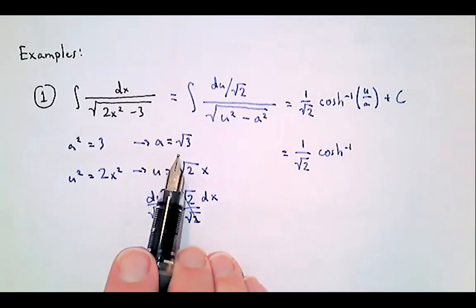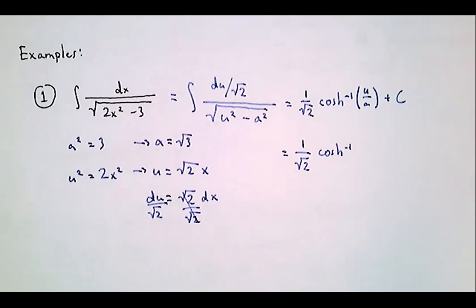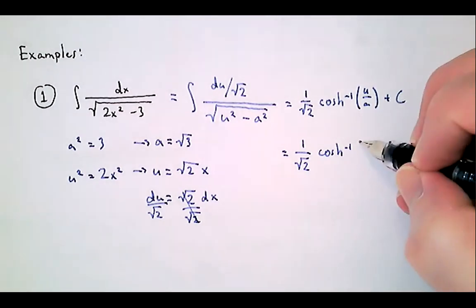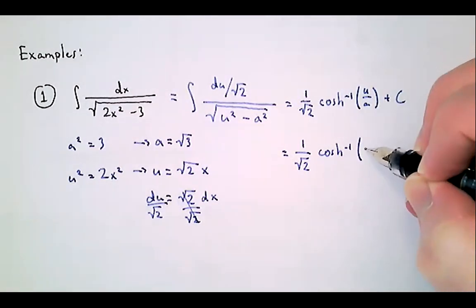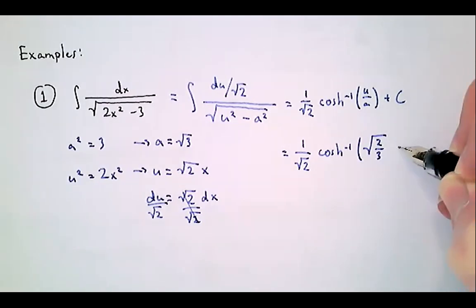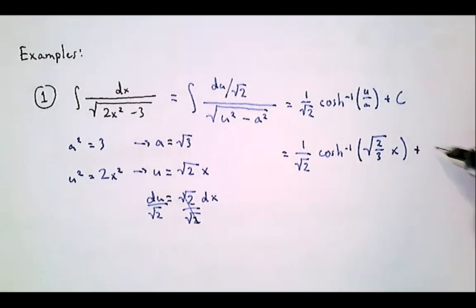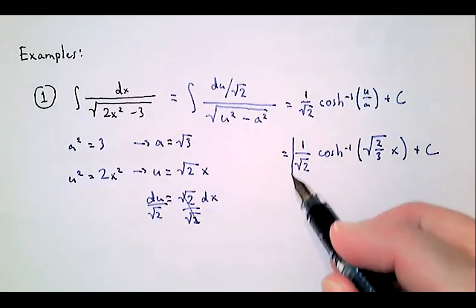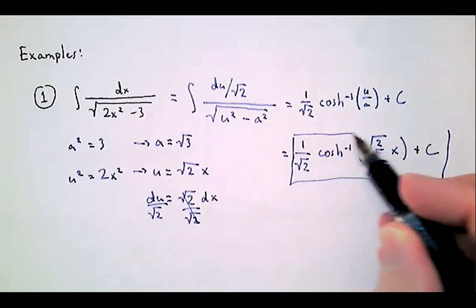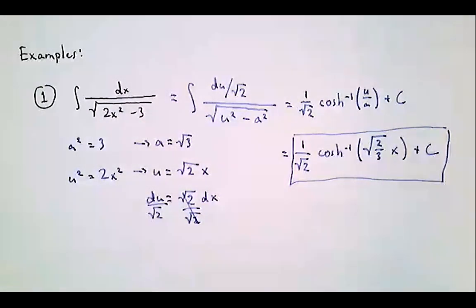So remember, a is the square root of 3, and u is the square root of 2x. So that means overall, we have a square root of 2 over 3 times x inside of our inverse cosh function. Okay. And then always remember for an indefinite integral that you'll have to add a constant at the end.